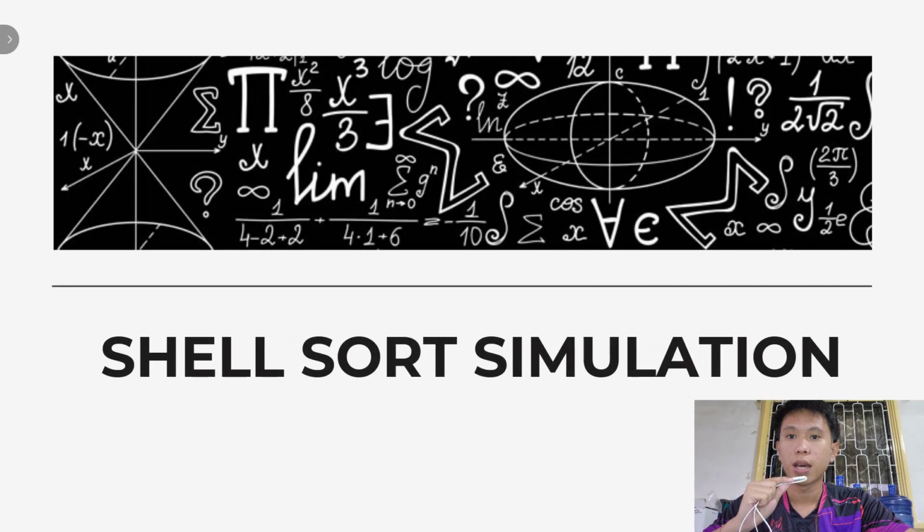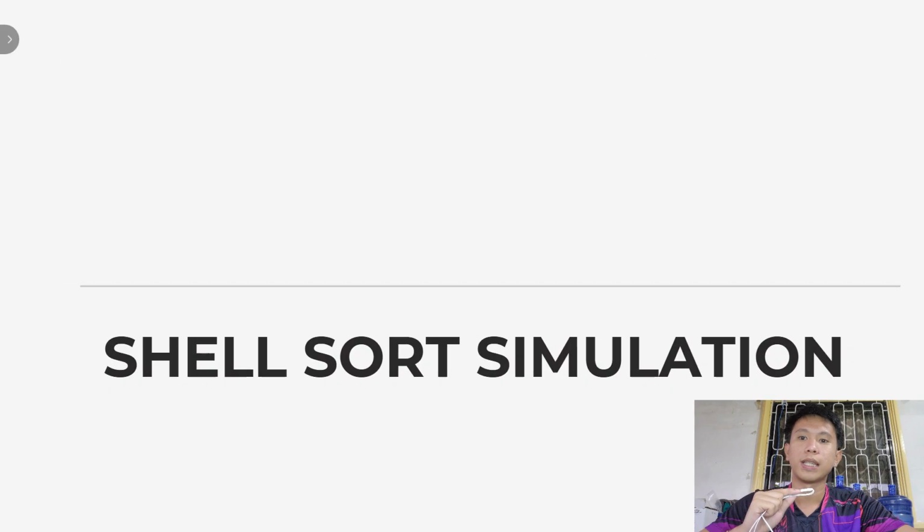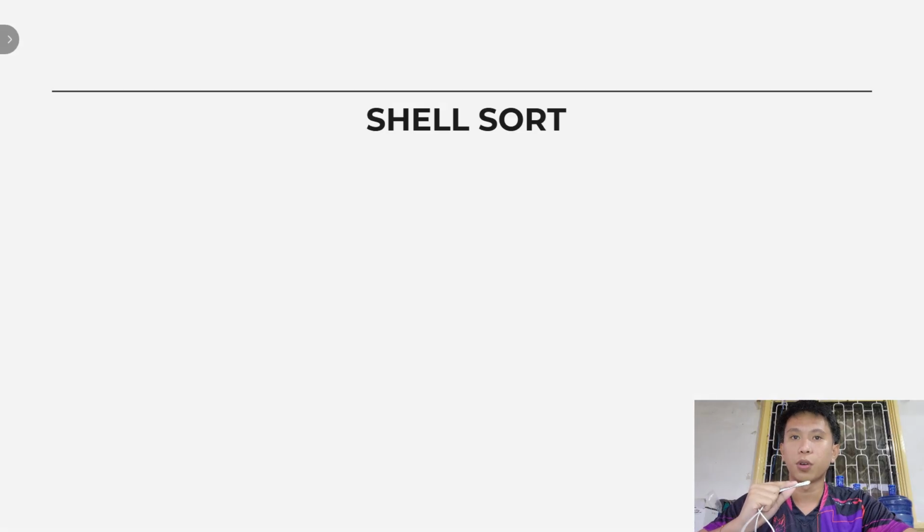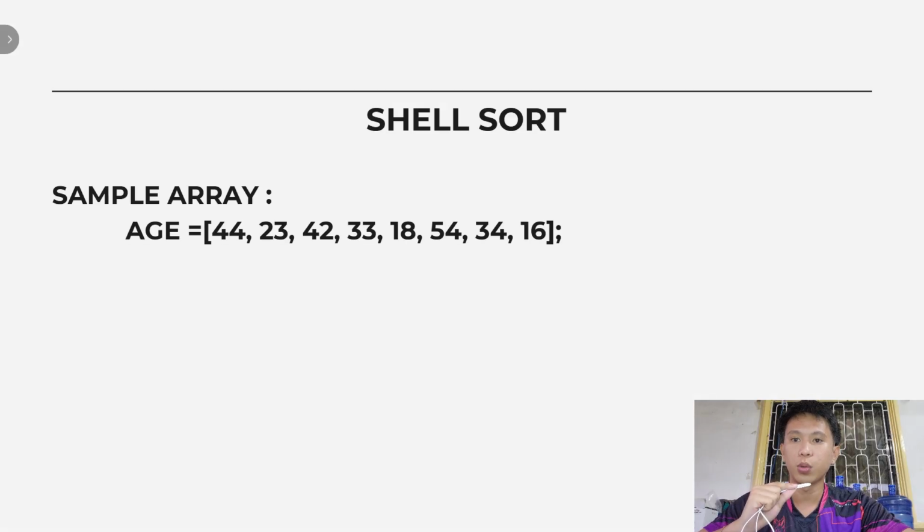Hello everyone. At this moment, I will be explaining the concept of shell sort using a simple simulation. I will be using a random unsorted list. First, let's use a simple array named age, which has the elements 44, 23, 42, 33, 18, 54, 34, and 16.